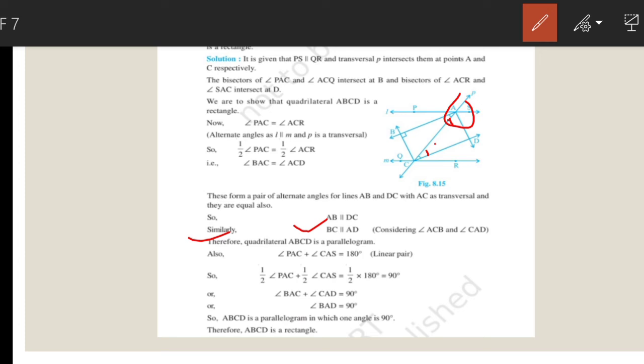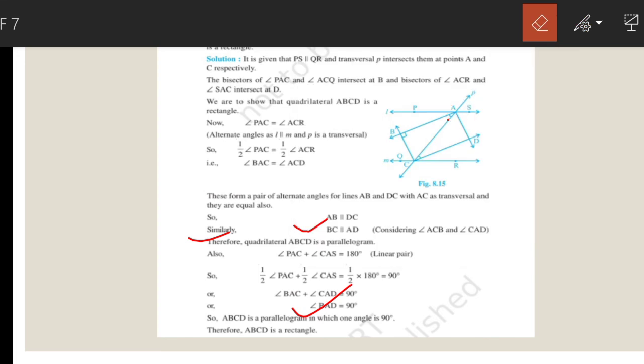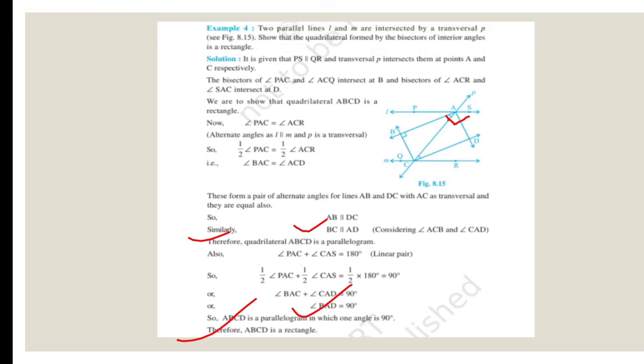So we get BAC, the inside angle, and CAD, also the inside angle, is equal to 90. So angle BAD is equal to 90. So this angle at A becomes 90 degrees. So we have proved ABCD is a parallelogram and that angle A is 90. So we can say the quadrilateral ABCD is a rectangle.